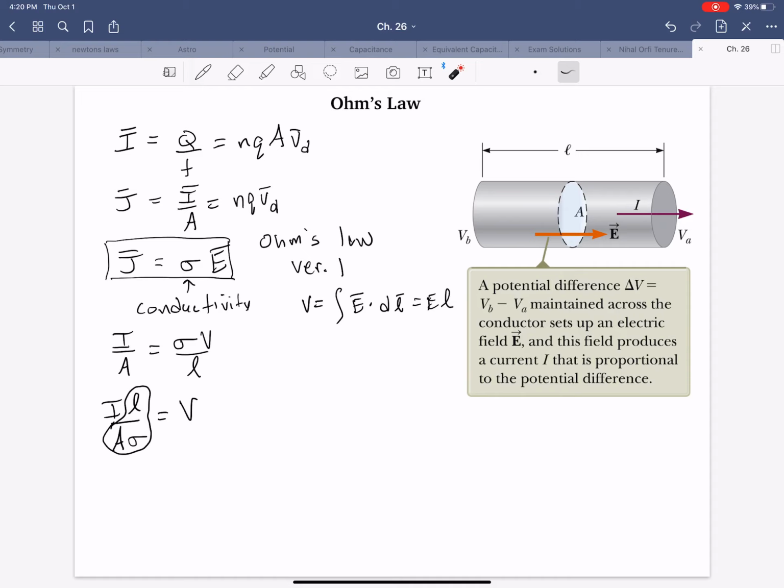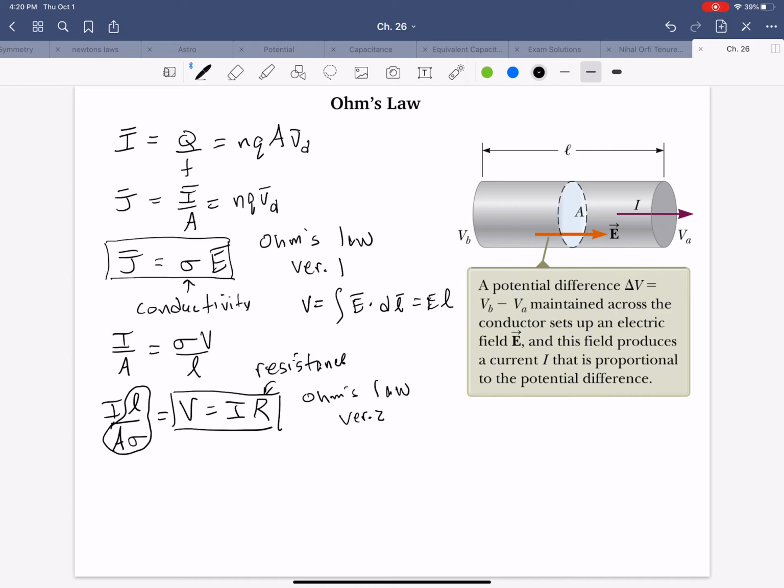Those are all physical properties. And so we give that a variable name known as the resistance, R. And now this is the more common form of Ohm's law. Call it version 2.